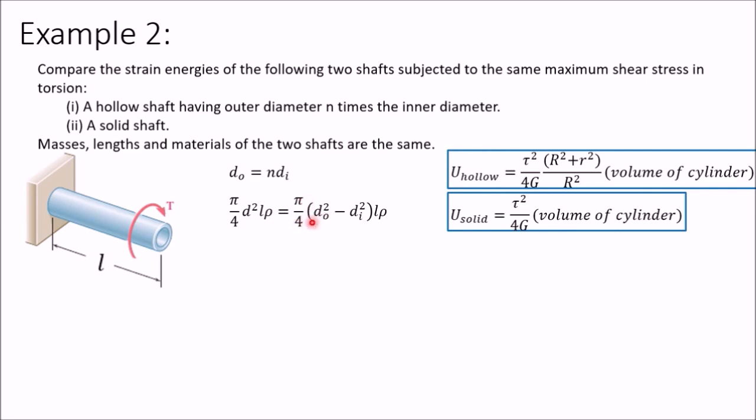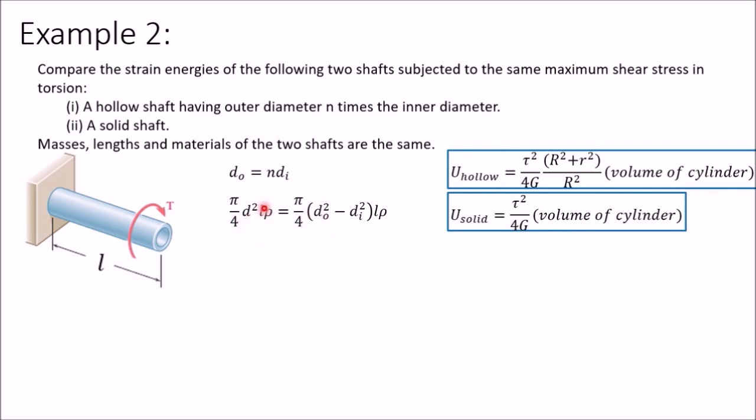Now same for mass of this hollow shaft: pi by 4 outside diameter square minus inside diameter square, into L into rho. So again same way I have calculated mass of this hollow cylinder. Here I have taken same rho because both same material, so density will be same, and diameter is different.